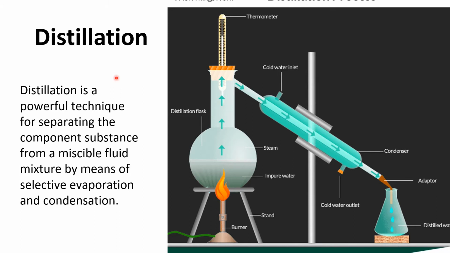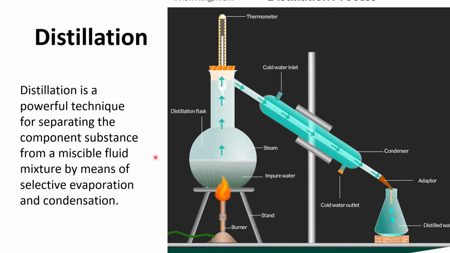I told you about the evaporation technique, in which we heat the solution and are left with the solute. But if we want to recover the solvent also, then what is the process? The process is distillation. Distillation is a powerful technique for separating component substances from a miscible fluid mixture by means of selective evaporation and condensation.